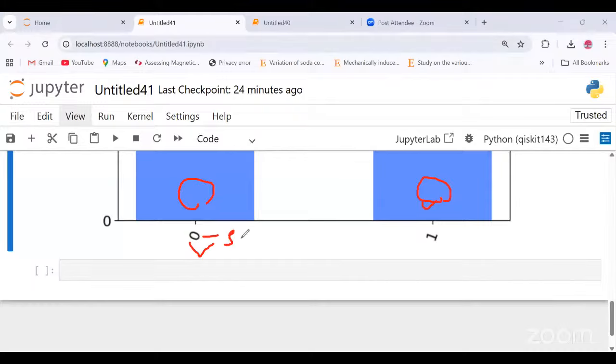Zero is coming 510 times, and one is coming 514 times. So almost you can say there are 50-50% chances. That is the output for the quantum gate: a 50-50% chance that zero will come and one will come.